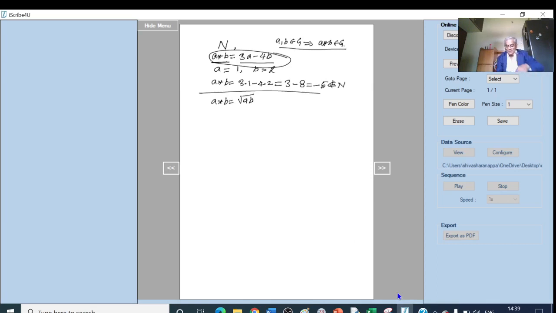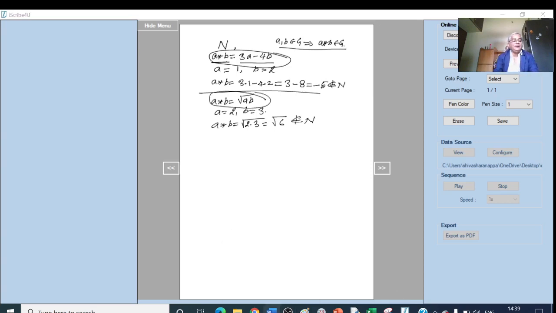Here also star is not a binary operation, because you can take, say, A equal to 2 and B equal to 3. Then what is A star B? A star B is root of 2 into 3. This is equal to root of 6, and this does not belong to N. So therefore this is also not a binary operation.